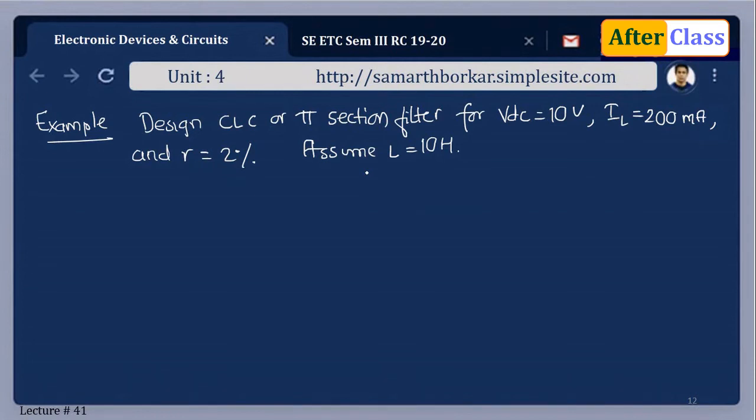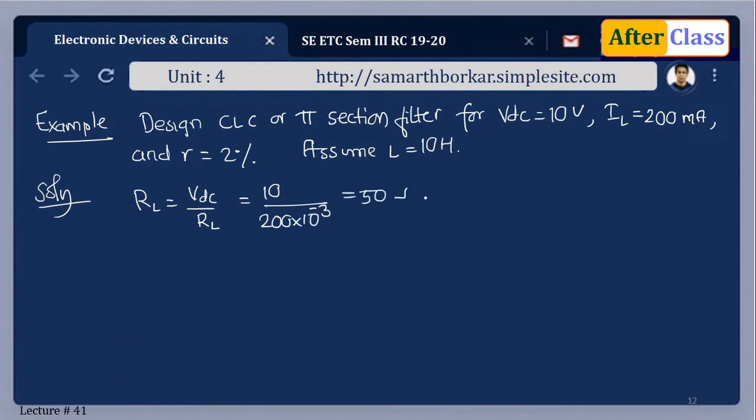VDC is the voltage across the output, the load current is 200 milliamperes, and the ripple factor is 2%. Fine. So solution: RL, the load resistance, will be output voltage divided by output current, that is VDC divided by IDC, 10 divided by 200 into 10 to the power minus 3, so you get this as 50 ohms.